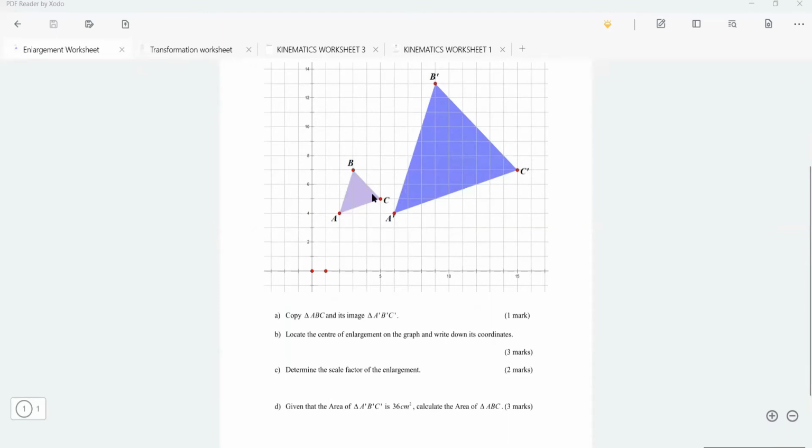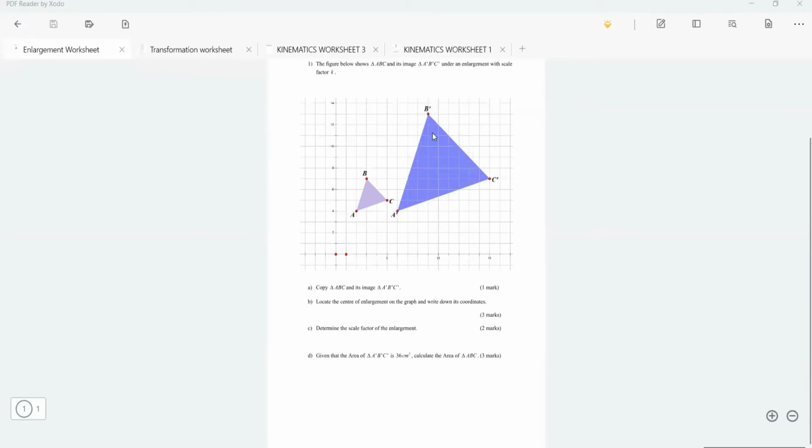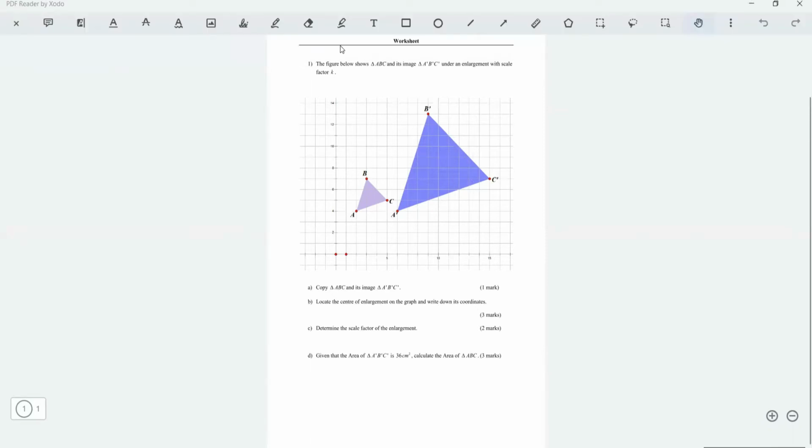We don't need to copy it, we already have the diagram right here. And it tells us that we need to locate the center on the graph and write down its coordinates. To locate the center of enlargement, all we need to do, again, remember, is draw one line passing through B and B prime. So make sure your line is straight.